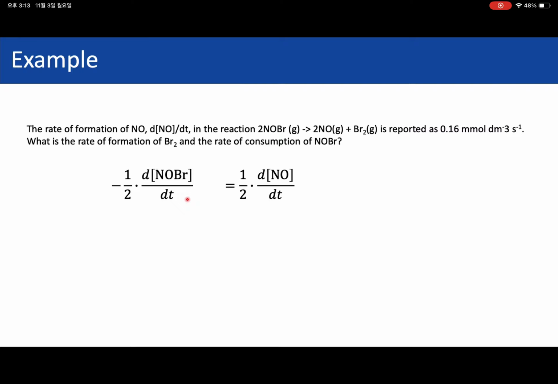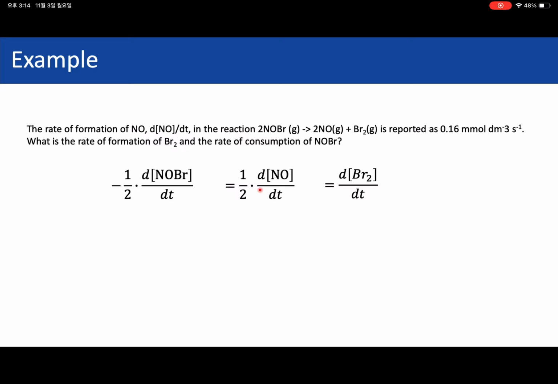So now we can have another expression for the rate of reaction from the product Br2. Since the stoichiometric coefficient is 1, we need just d[Br2]/dt.